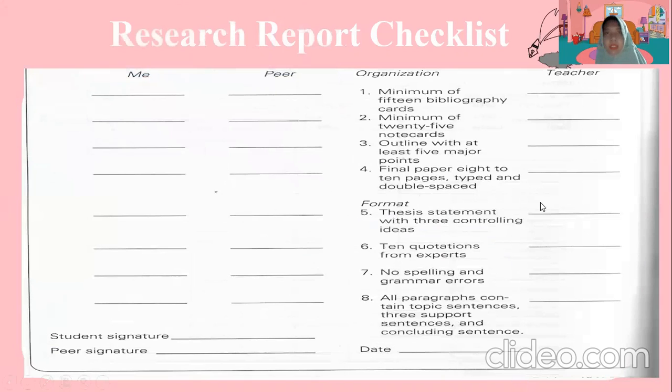And the next example is for college or university students. Before you assign your university or college students, you give a direction that this research report checklist is used before the student submits the rough draft.